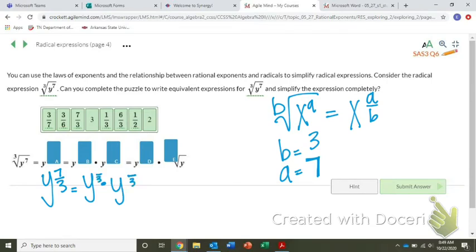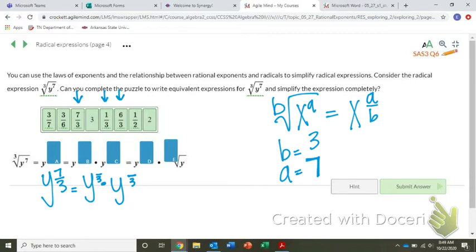But looking at your answer choices, what two things add up to get 7? We can only use this answer or this answer, because those are the only ones with a third.